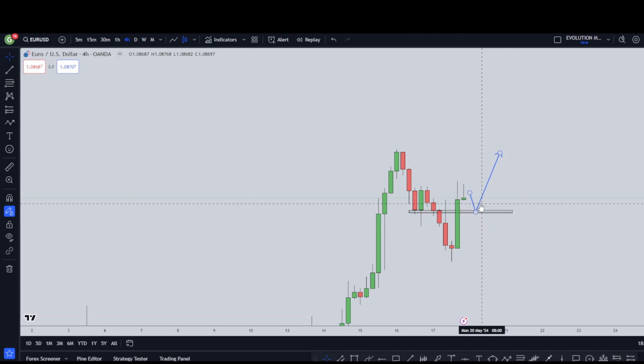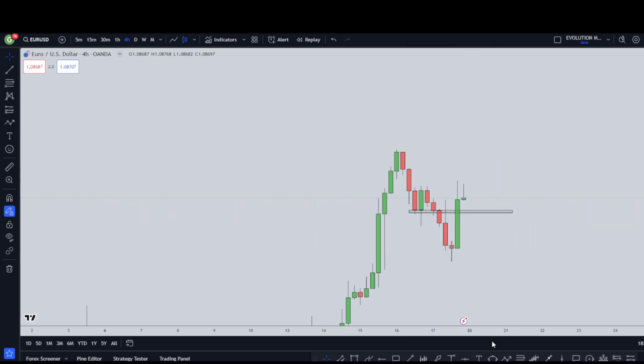And if such a move happens, we will have a formation of what looks like an inverted head and shoulders pattern, which is also a bullish pattern, further adding to the confluences that we have informing our sentiments and bias as to price still being bullish. Remember, we are just analyzing the market. We are not trying to predict the market, as it's all about probabilities, but we are trying to see where we could have better probability of price moving in our favor.